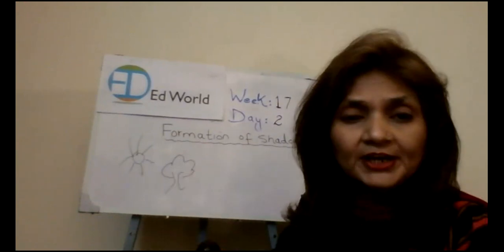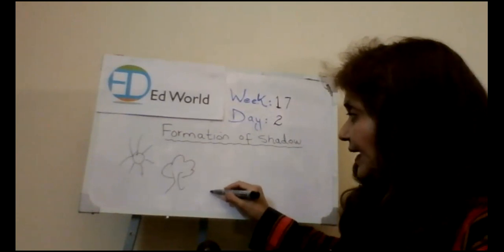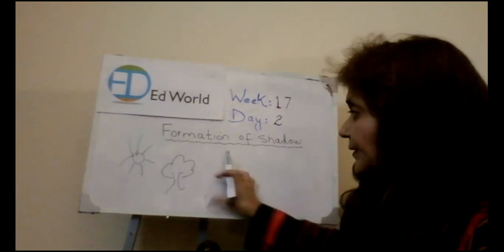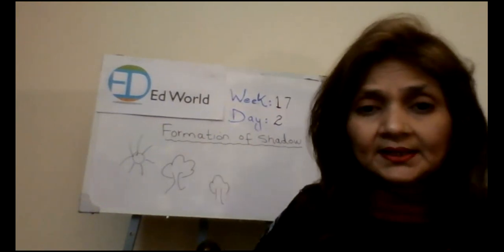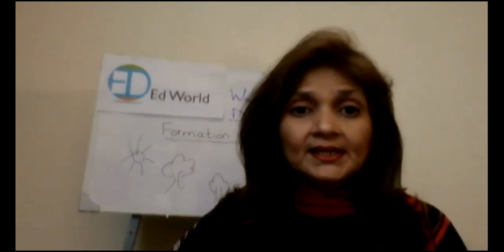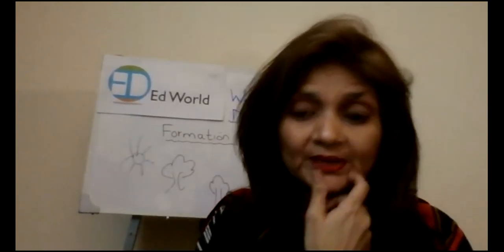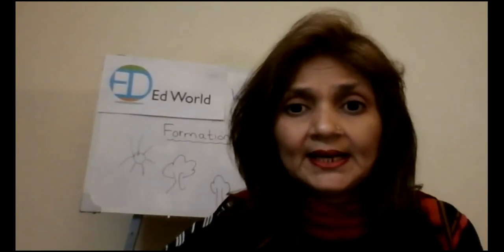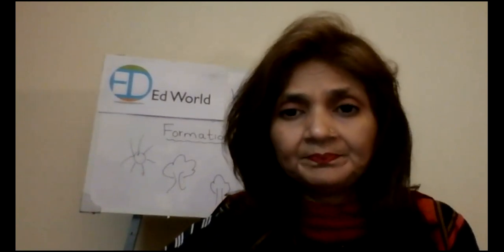Where would the shadow of the tree be? Right here. In front would be the shadow of the tree. Do you understand? So if I'm sitting here and the sun is at my backside, my shadow would be right in front of me.